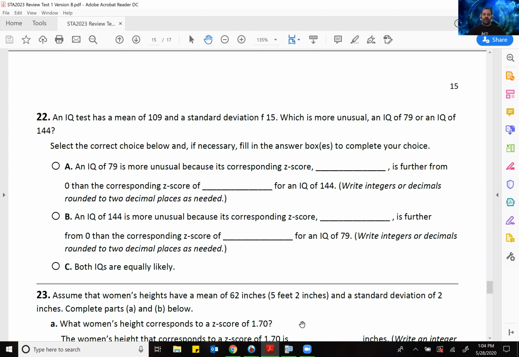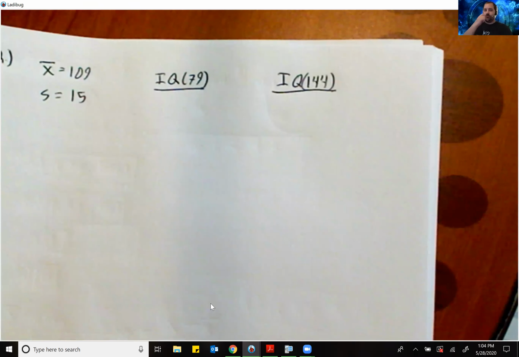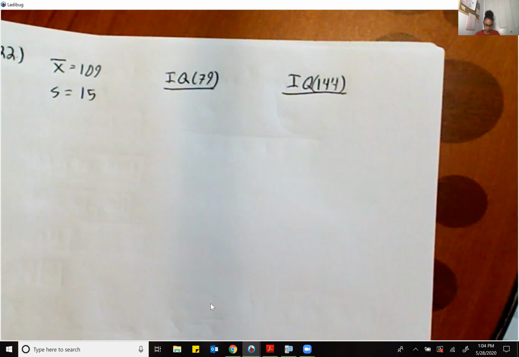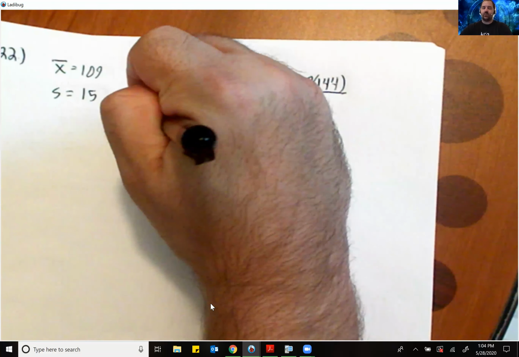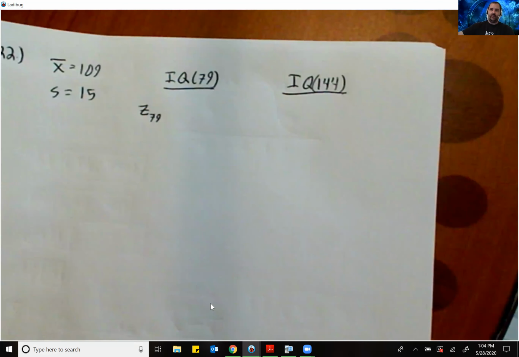Well, what can we do with these two scores to know which one is the most unusual? Find their z-scores. Whoever has the higher z-score is further away from the mean. That's unusual.